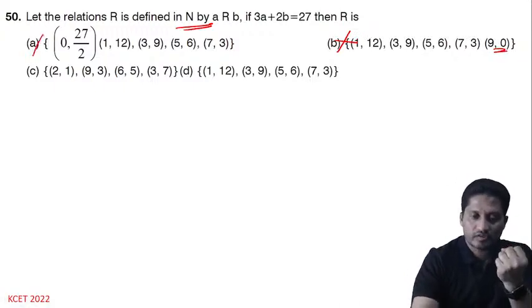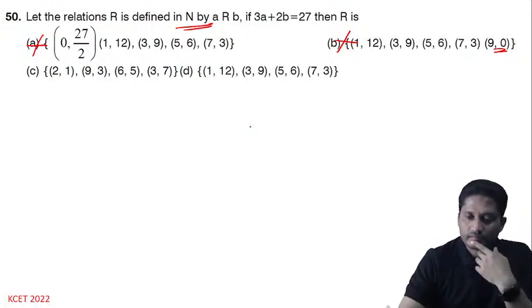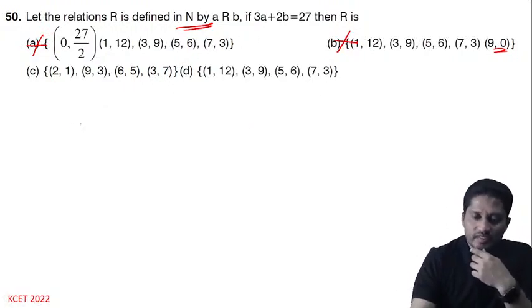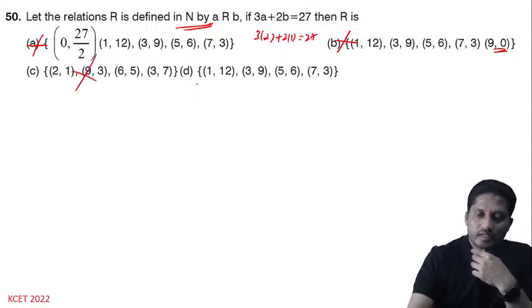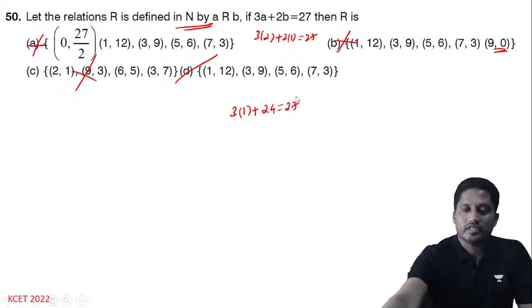Now if I check with the options, even (2, 1) doesn't satisfy here: 3 into 2 plus 2 into 1 is not equal to 27. Answer should be D. You take all the ordered pairs and substitute: 3 into 1 plus 24 is equal to 27. You check all, it will satisfy. So D only, guys.